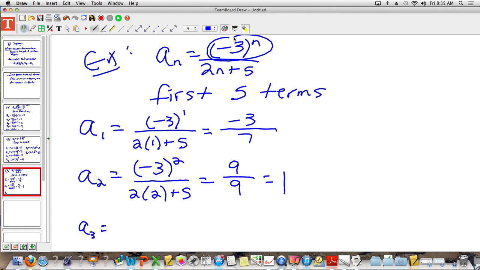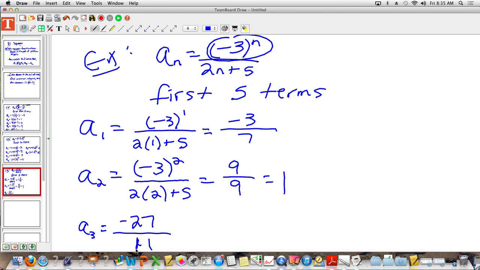So we keep multiplying by 3 again. If a sub 2 has a numerator of 9, a sub 3 is going to have a numerator of 9 times 3, which is 27. But what kind of 27? It's going to be a negative. So we're going to have a negative 27. And then on the bottom, we're doing 2 times 3 plus 5. 2 times 3 is 6 plus 5 is 11.